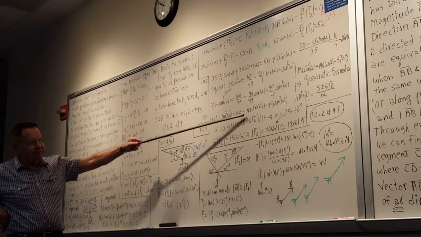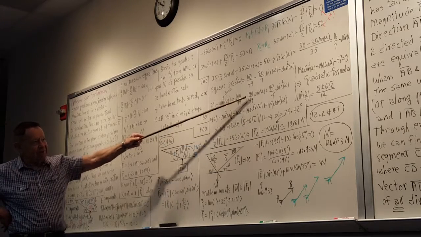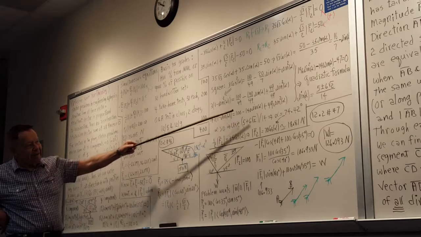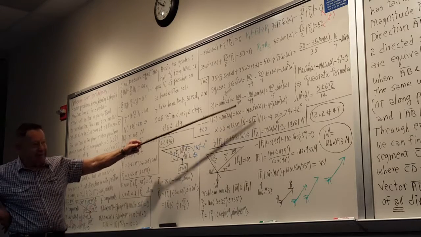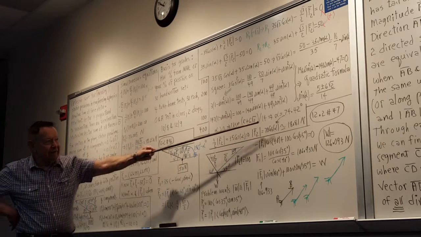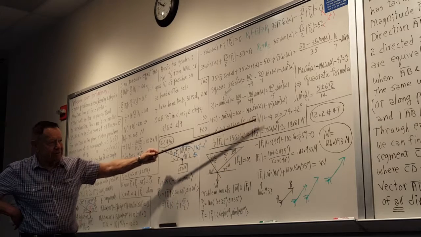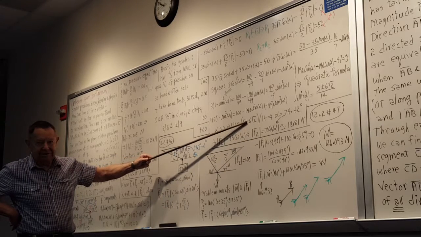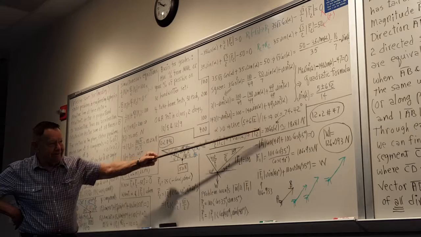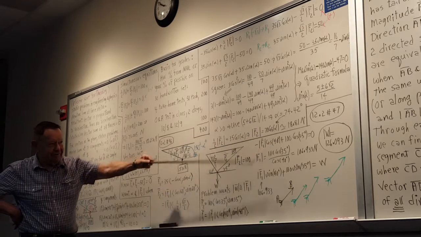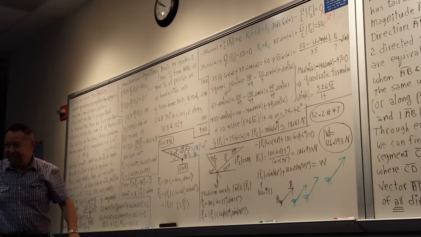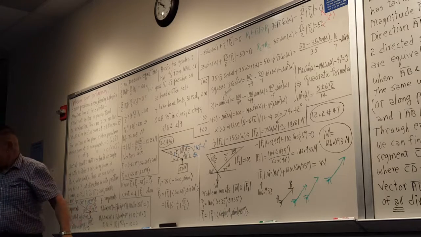Then you have to do that with substitution of a trig identity and then the quadratic formula, and finally realize that you can only use the solution with the plus sign and get your angle, and then after all that, get your magnitude of the other force. Okay, the last one is a little easier.